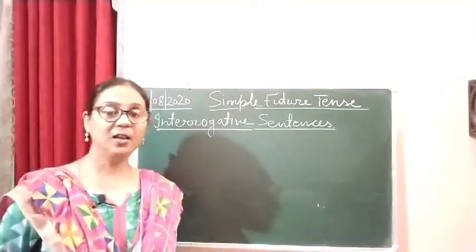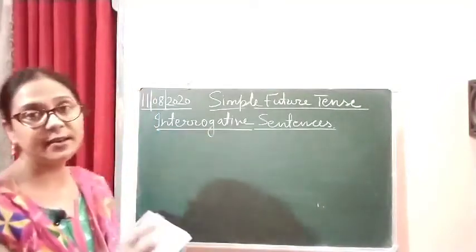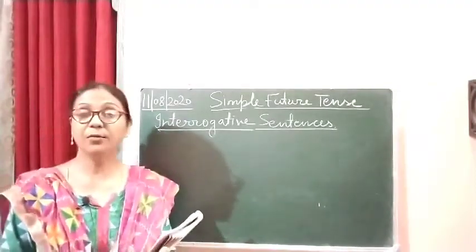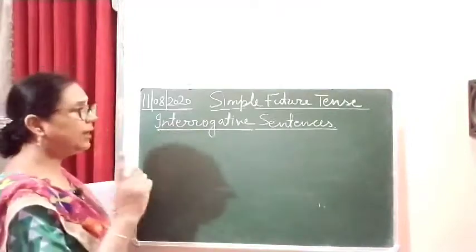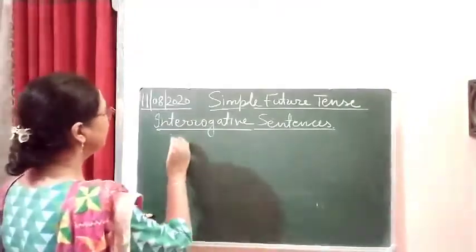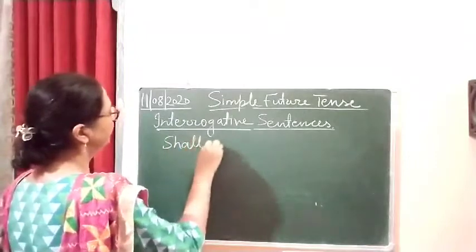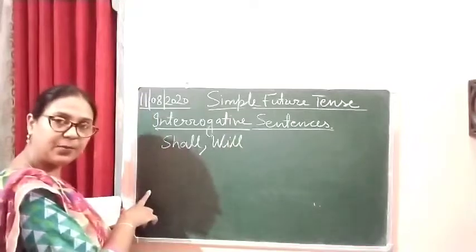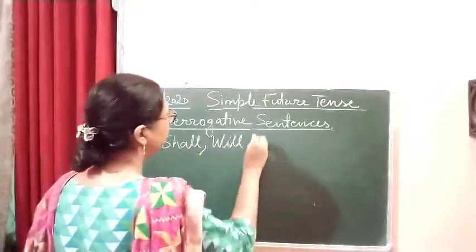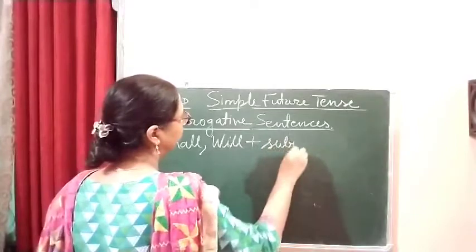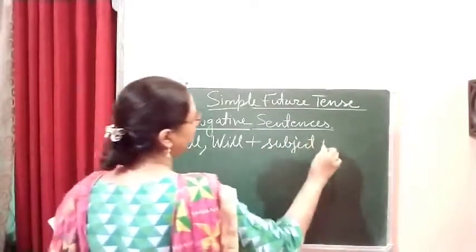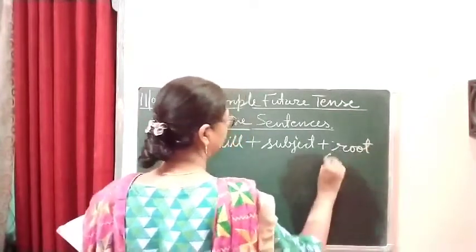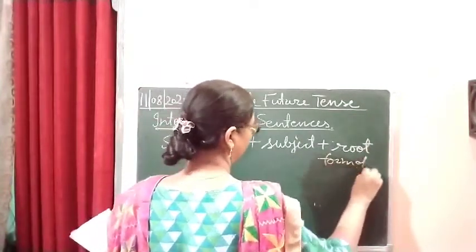So first of all, there are will and shall, as you all know, which we are supposed to use with the root form of the verb. Here we have to do only one thing: shall and will come at the first place in interrogative sentences, then the subject, and then the root form of the verb.